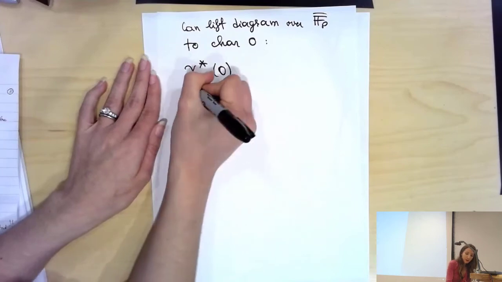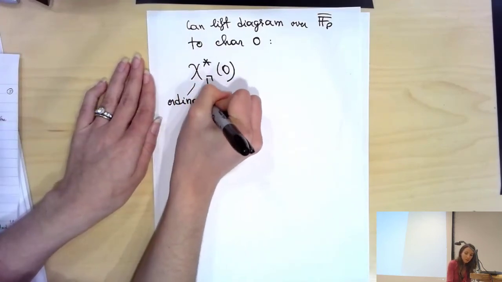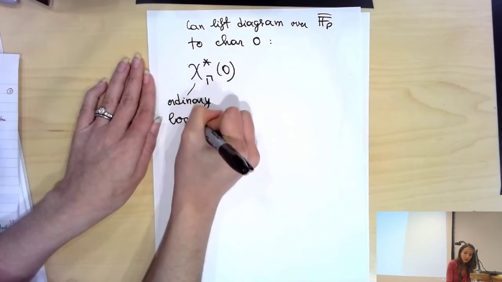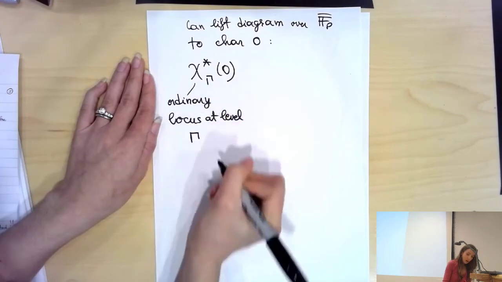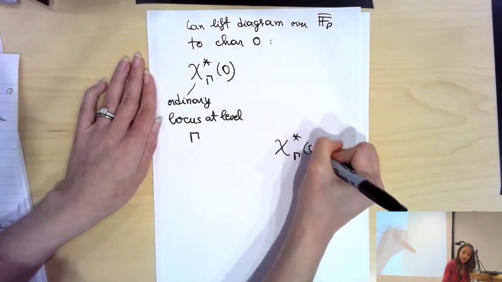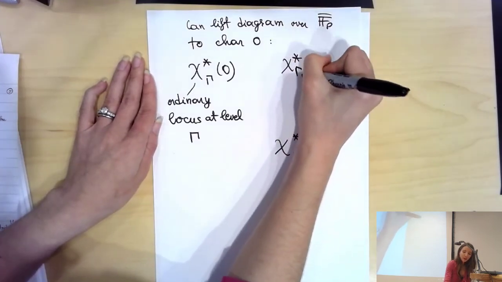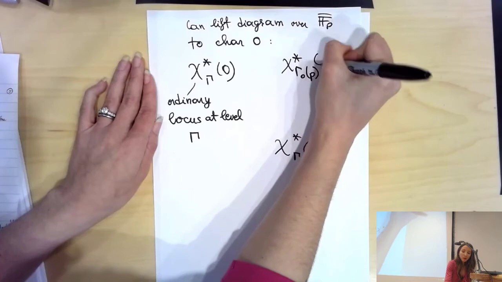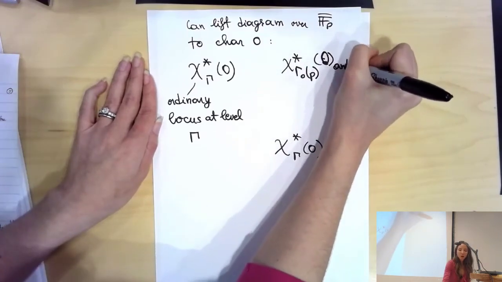So this is the ordinary locus at level gamma, but as an adic space. We have it at the ground level, and we have X star at level gamma naught p. We're only looking at the ordinary locus, but we're taking this anti-canonical part.